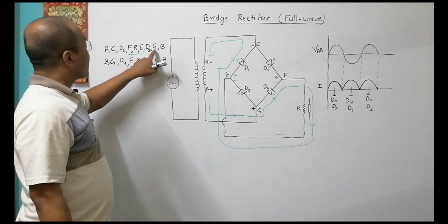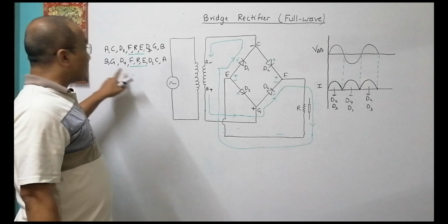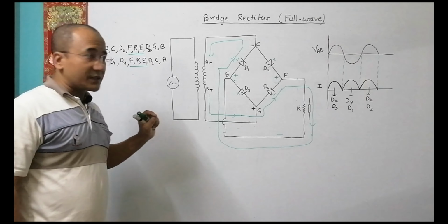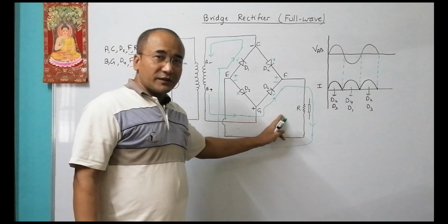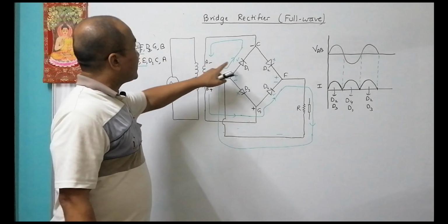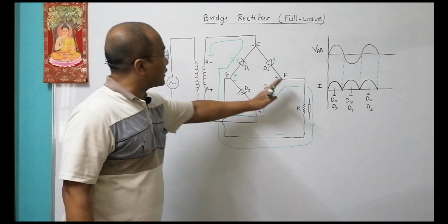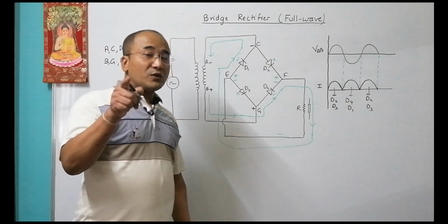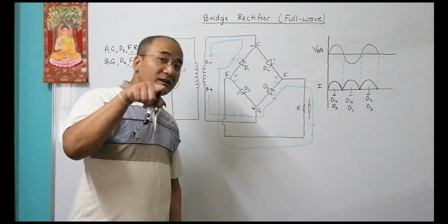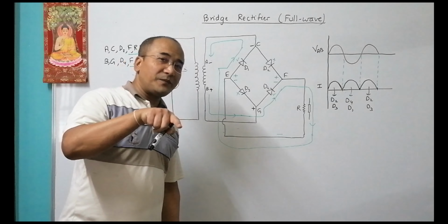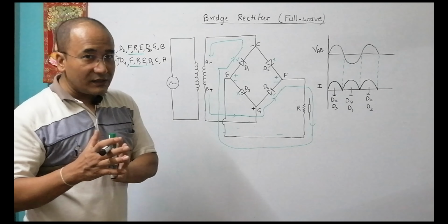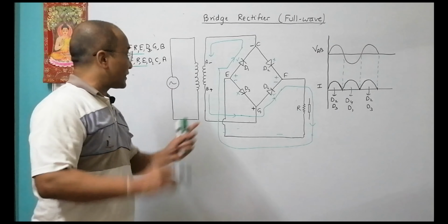Here current reverses, GB, BG, current reverses, AC, CA, current reverses, but here current does not reverse. And in these circuits, this portion, this and this, current flows through one half cycle and does not flow through another half cycle. This and this. So here current is opposite, but here current is always in the same direction.